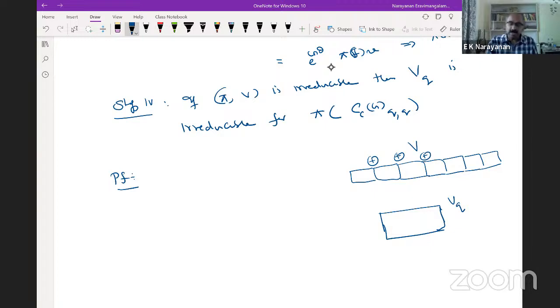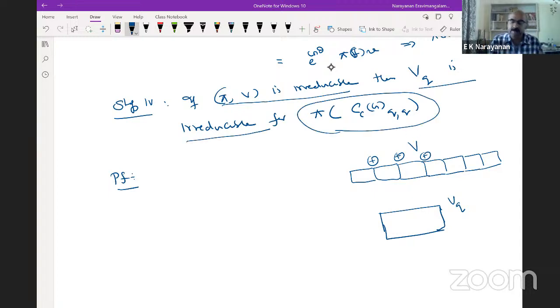I want to say if pi V is irreducible, then VQ is irreducible for this algebra. So let us start with a W which is smaller than VQ and invariant under this. So let W be contained in VQ. Of course, we always look at only closed subspaces which are invariant.